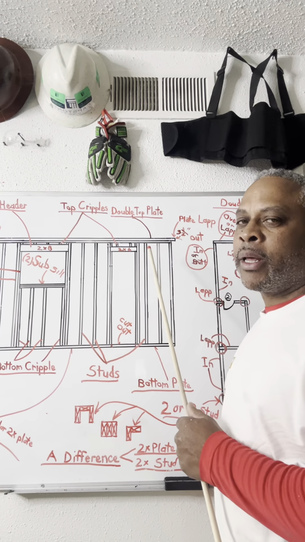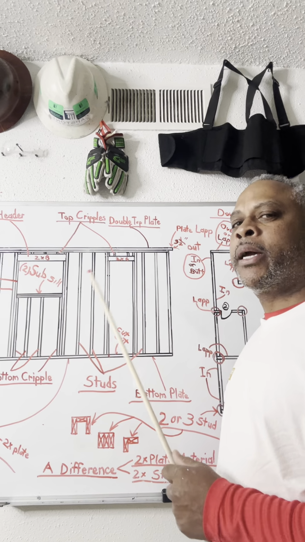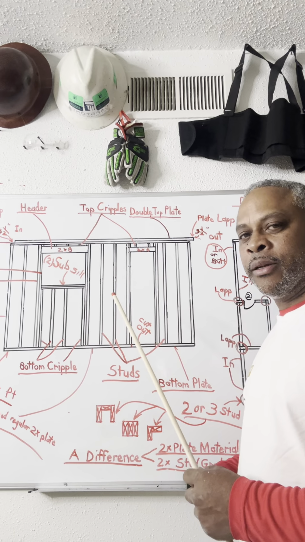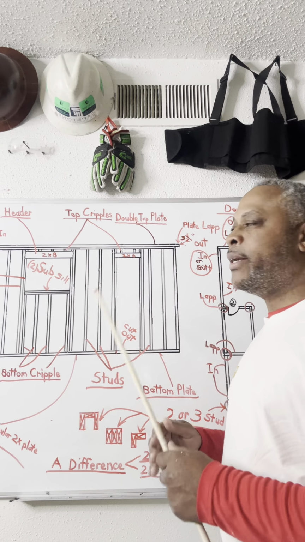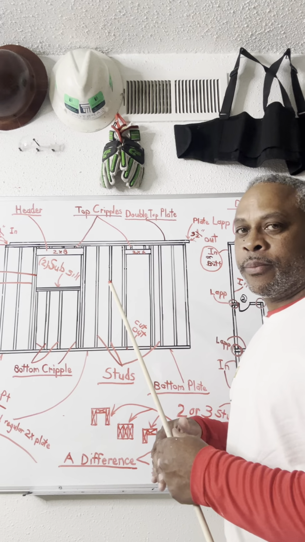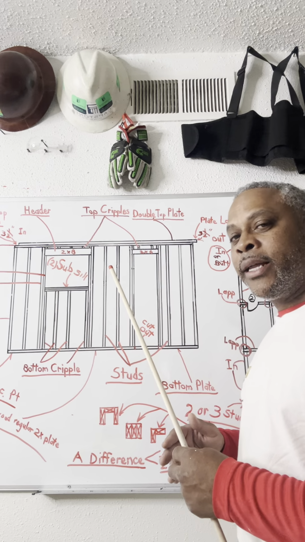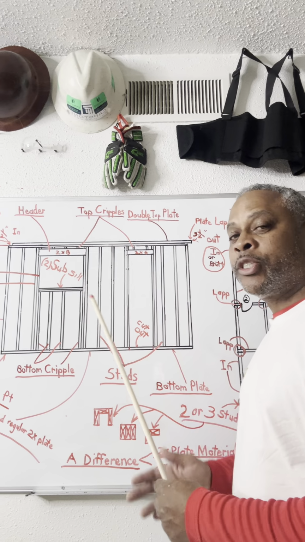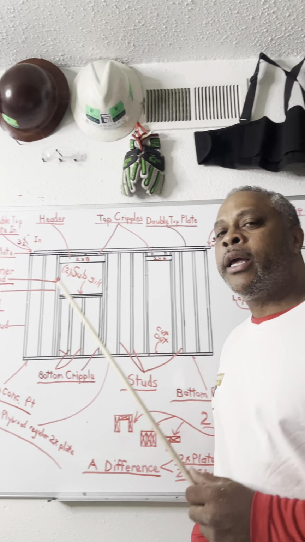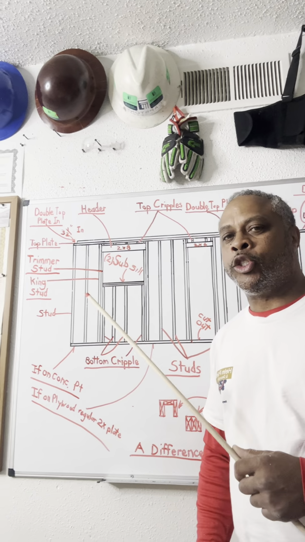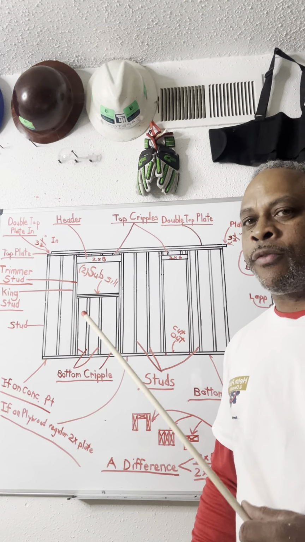The double top plate function is very important because it ties walls together and locks them into place. They're normally nailed on the top of the wall and the side or the facing of an intersecting wall running into that wall. So you need to be very aware of the terminology that is used on a construction site dealing with framing.